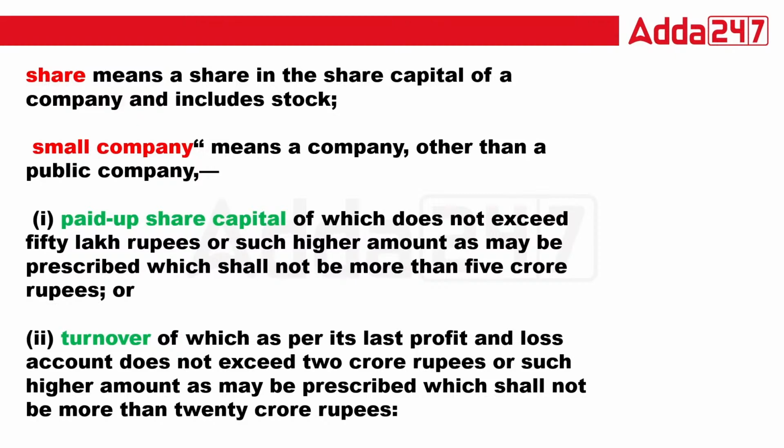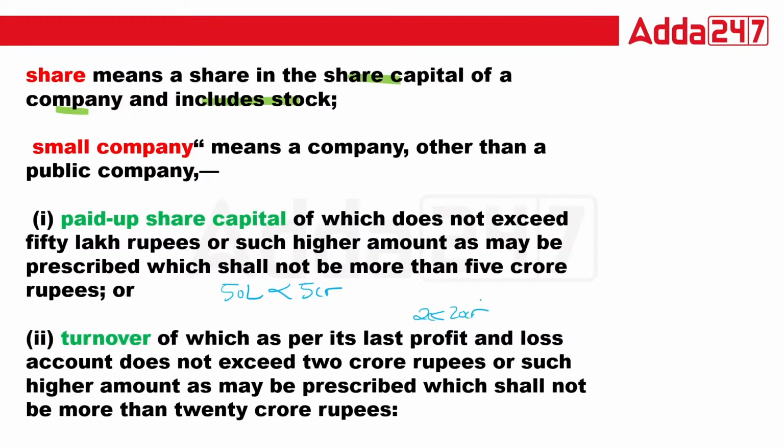Next, share includes stock, share capital of a company. Small company is one which has a paid up share capital from 50 lakh up to 5 crore, and turnover from 2 crore up to 20 crore. That is important.